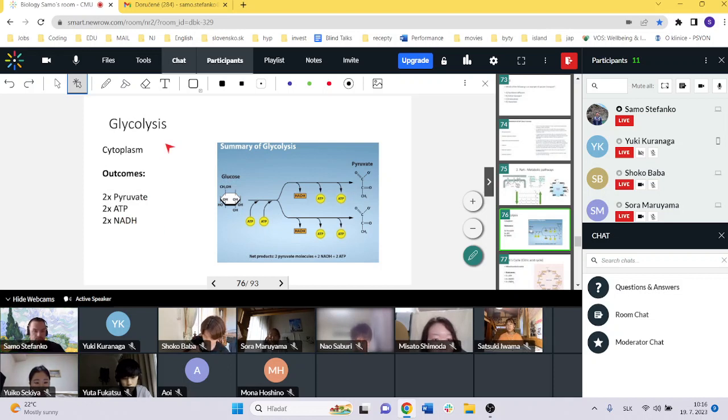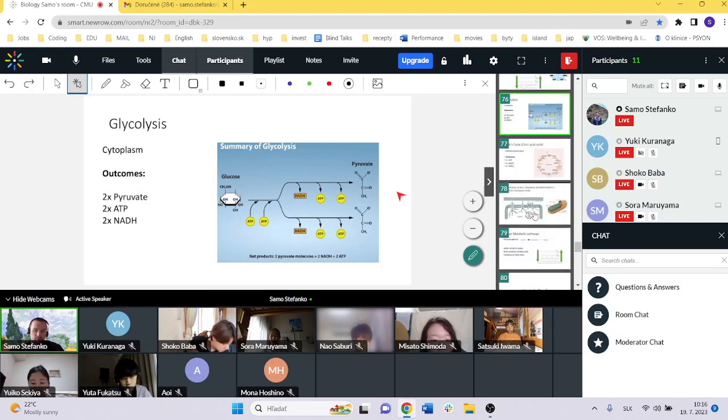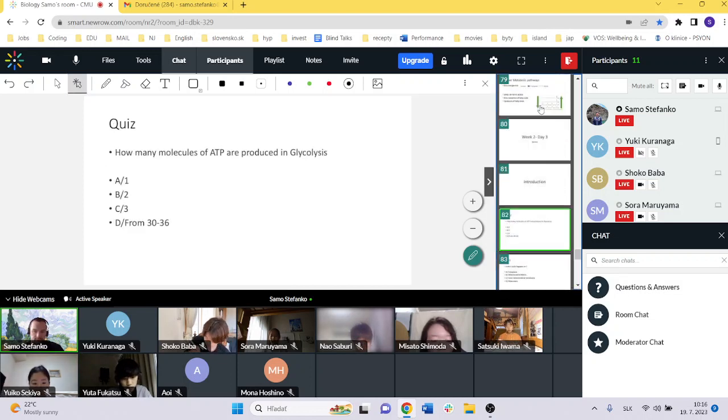So that's why we count it as two molecules of ATP. And here we have a pyruvate. As you remember, or we will get there later. So most of you in this case went for absolutely correct information, which is 2. From 30 to 36 or 38, it's another part of cellular respiration.